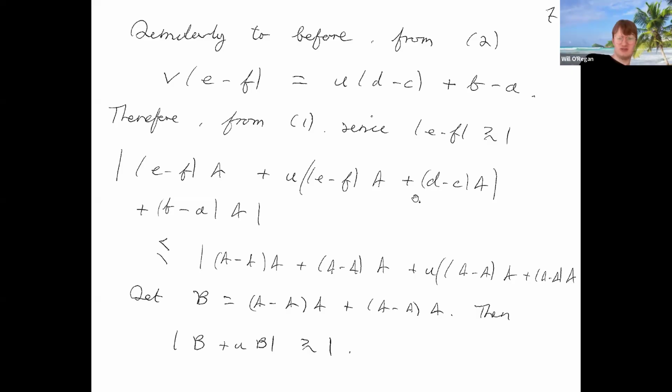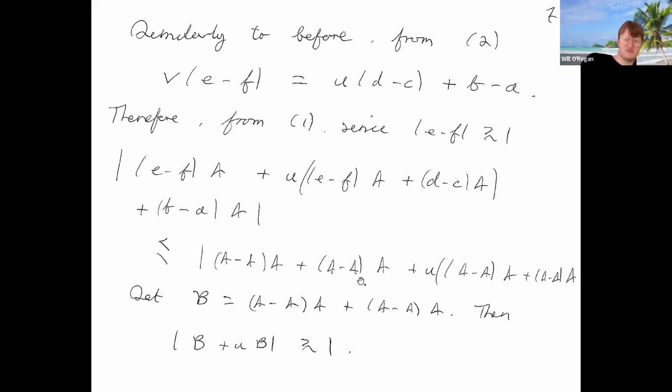So then, similar to before, we substitute in: we multiply through by E minus F, and then we substitute in this equation up here. And we get something a bit like this.